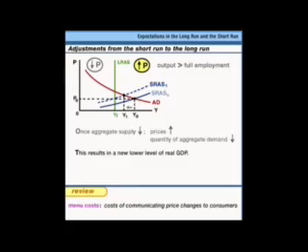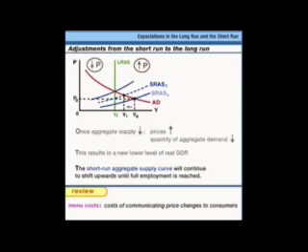Now, when is this process going to end? Well, as long as our output is above full employment, the general price level keeps rising. That means the short-run aggregate supply curve keeps shifting upward until finally we return to full employment. That is, things are going to end when the short-run aggregate supply curve has adjusted far enough to bring the economy back to full employment.